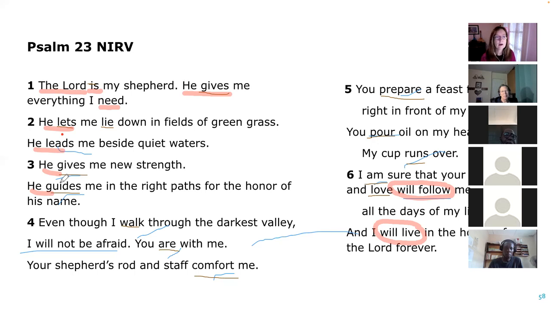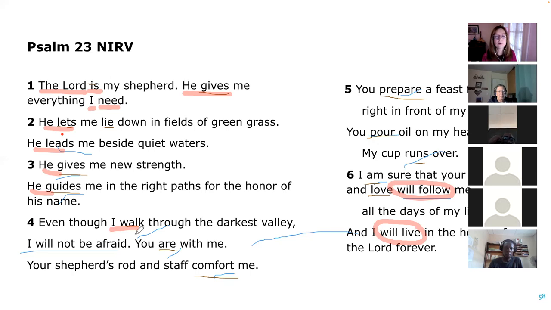But when I talk about myself, or here, this is King David talking about himself in the first person, when the subject is I, it's I need. There's no S at the end. I walk. There's no S at the end.